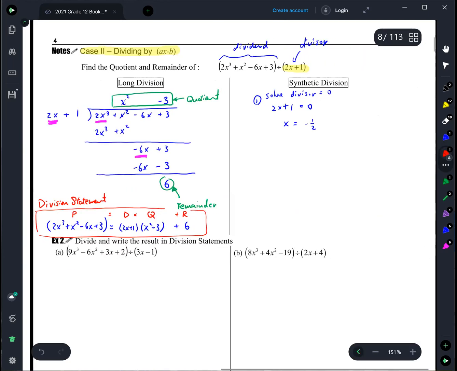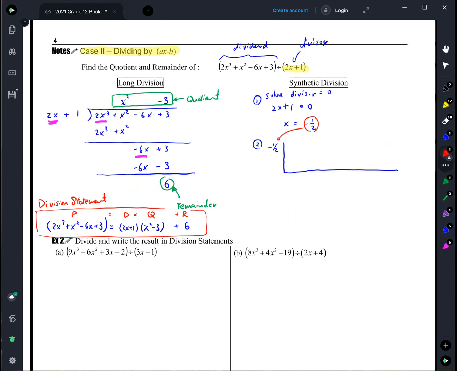So let's go to here. We do the same thing. We draw a box here and we put a -1/2 there, because we have to resolve it.